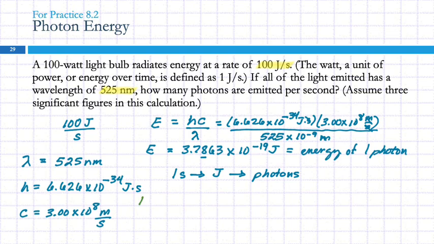So I've got 1 second times 100 joules for every second, and I'm getting 1 photon for every 3.7863 times 10 to the minus 19 joules. So my seconds cancel and my joules cancel.